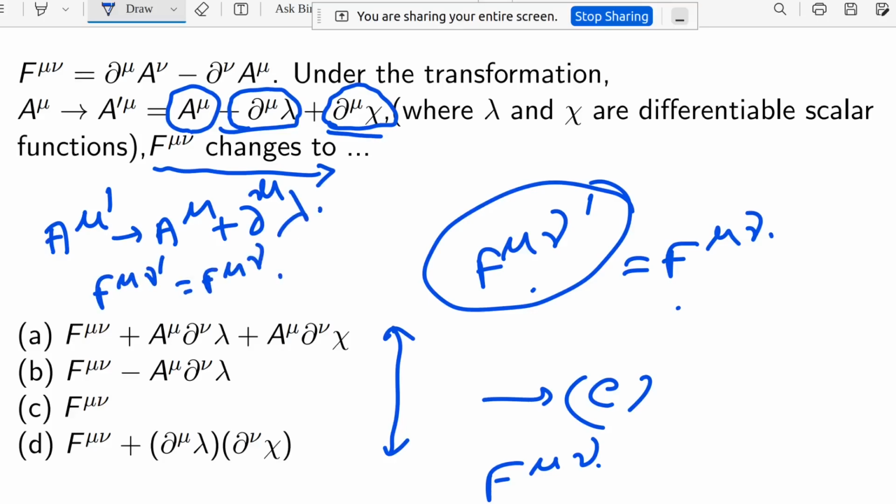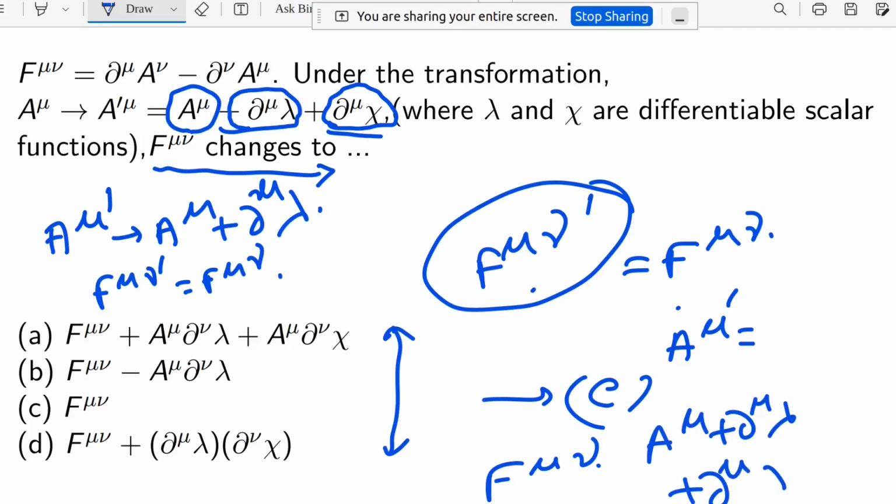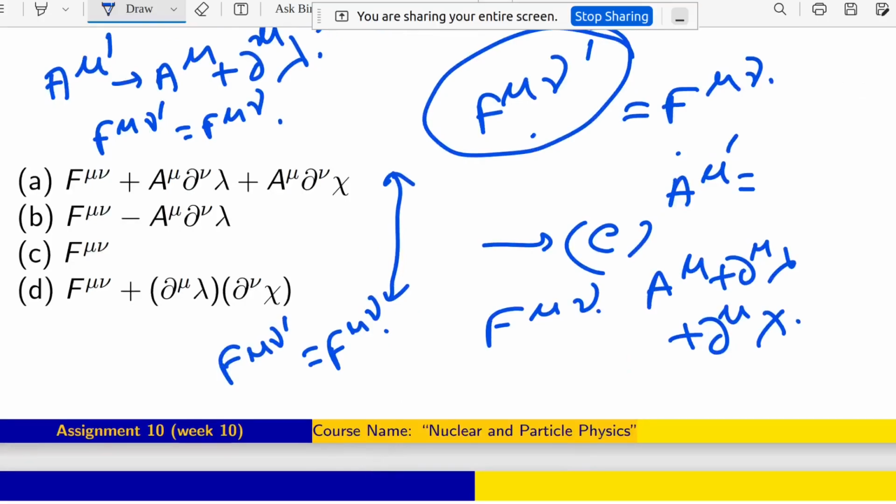Okay, so and right now also you can see that a mu prime, if I write here a mu plus del mu lambda plus del mu chi, then also our f mu nu prime is equal to f mu nu. So that means whenever we are adding differentiable scalars with vector potential, our f mu nu will not change.